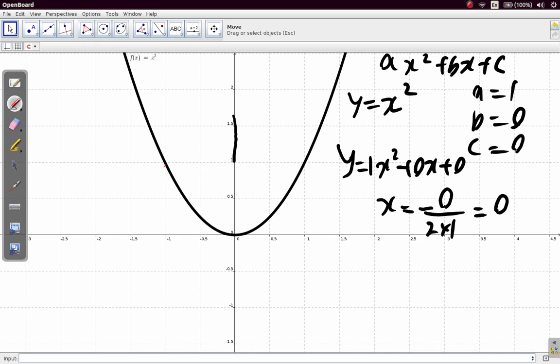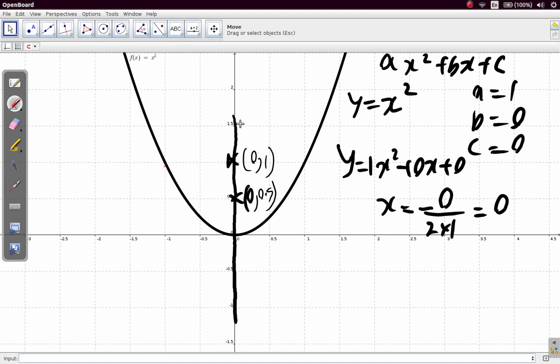Now, it's really the y-axis, because on the y-axis here, x is 0. At this point, this is 1. So when x is 0, y is 1. So we have the coordinates of this point 0, 0.5. The coordinates of this point are 0, 1.